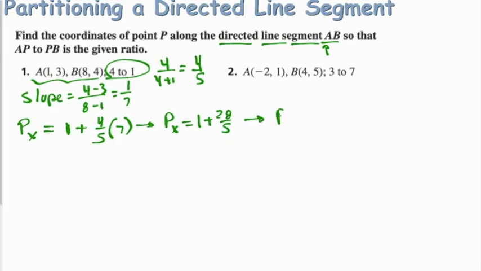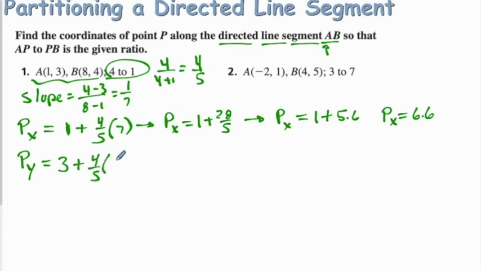This gives us point P with an x-coordinate equal to 1 plus 5.6. We have a point P with an x-coordinate of 6.6. Now we will do this again for the y-coordinate. We start at the y-coordinate of A, which is 3, plus our fraction is 4/5, and now the rise is 1.